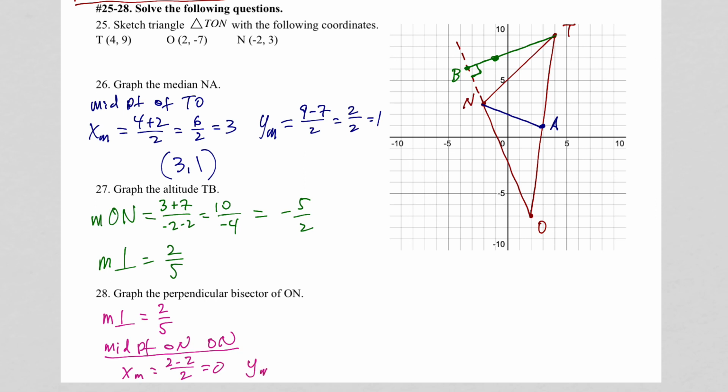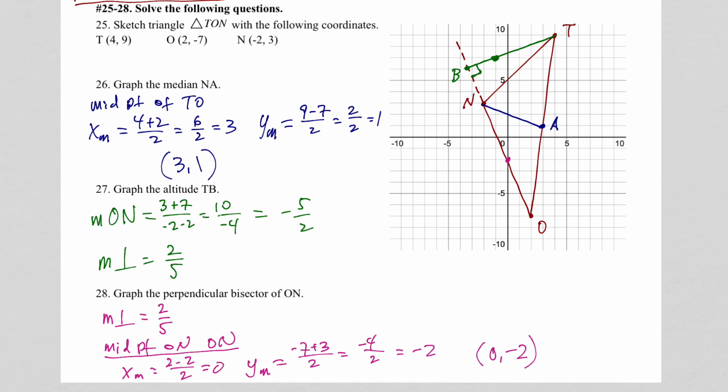The y value of the midpoint is the sum of the y's, -7 plus 3, which is -4 over 2, which is -2. So the midpoint is 0, -2. So 0, -2 is the point right here.